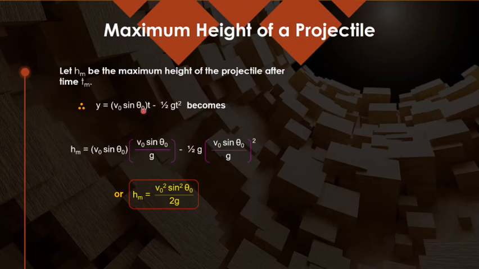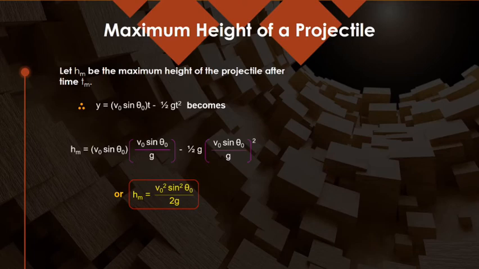The value of t, again we have calculated, that is the time to reach the maximum height, v naught sine theta naught upon g. Minus half g t square, again putting the same value of t, and you solve it, you get v naught square sine square theta naught divided by 2g. This is the expression for the maximum height of a projectile.